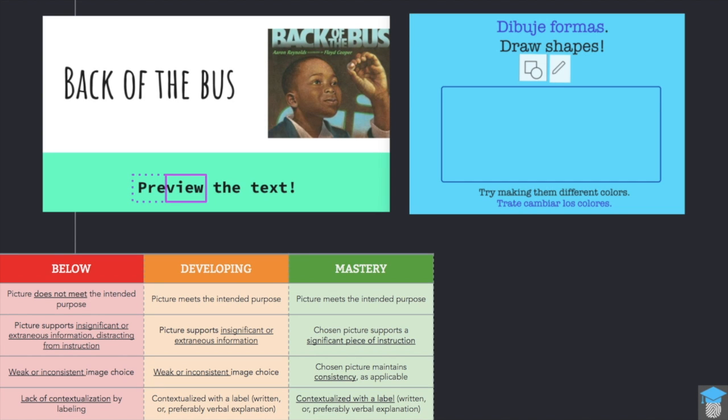Here we have a direction slide where we're reading or previewing this text Back of the Bus by Aaron Reynolds, and a screenshot from an Explain Everything activity that some younger students are working on. Both include screenshots, which are key to maintain consistency. Using direct photographs and taking screenshots also support procedural accuracy.